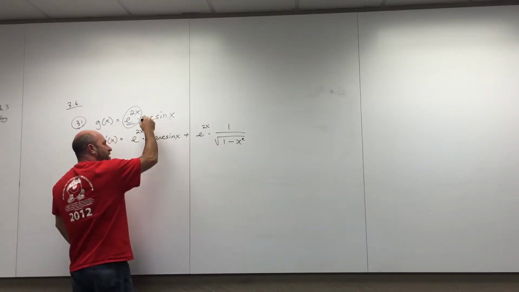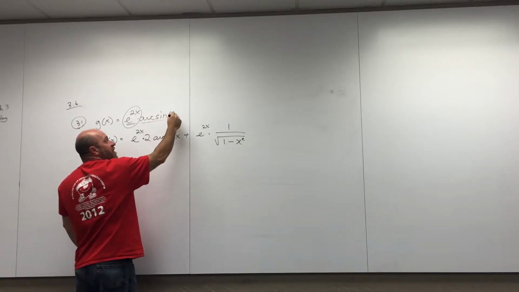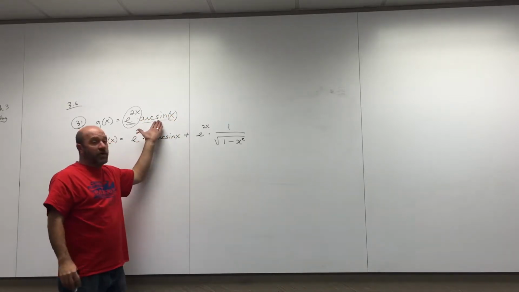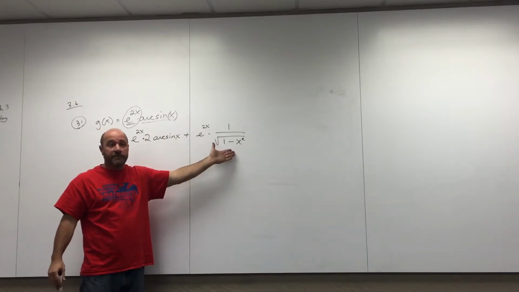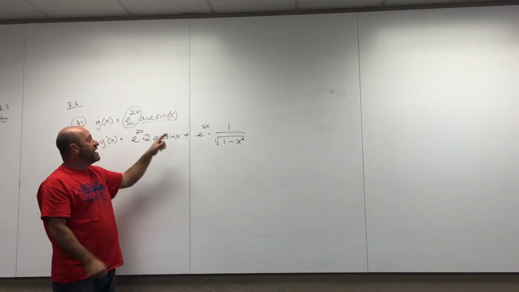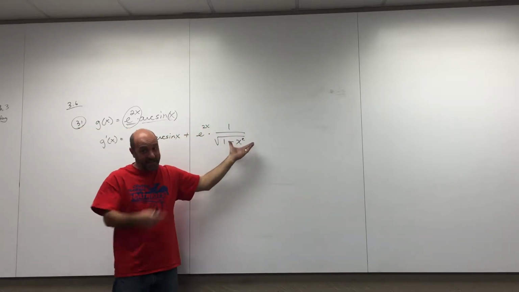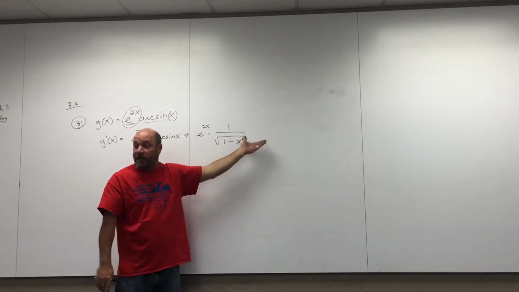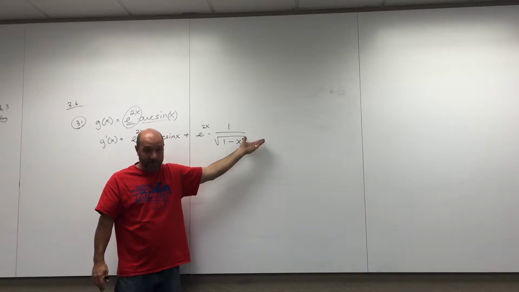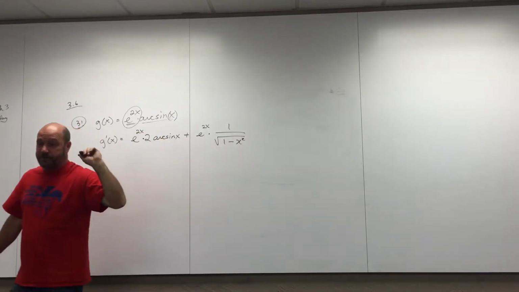Okay, yes. Since the arc sine is just of an x, there was no chain rule involved. It was just the rule for arc sine. But of course, if the arc sine had a 2x, then at the end of doing his derivative, I would have a little chain rule spit out a 2 from him. Right.